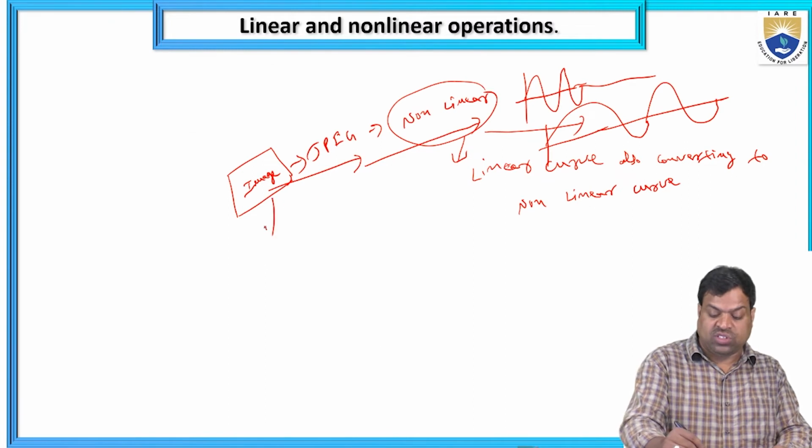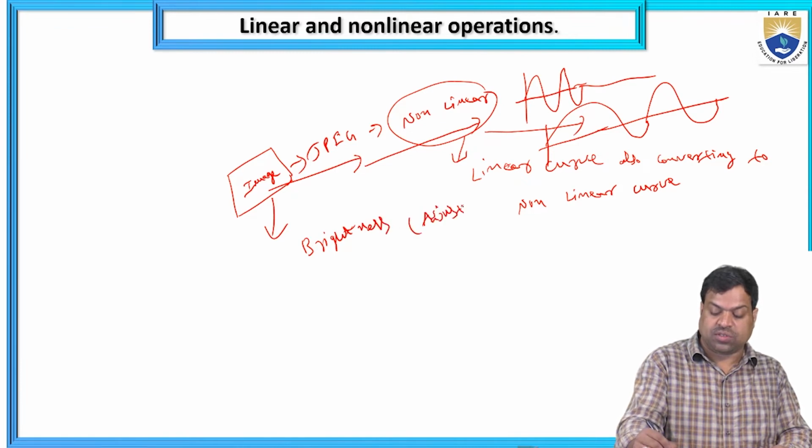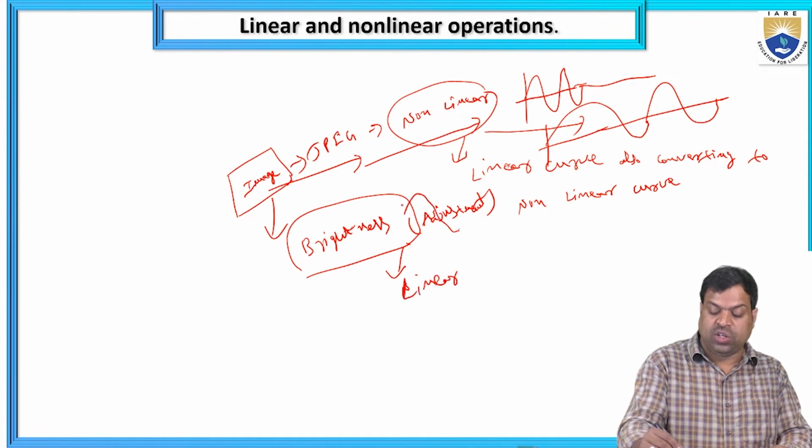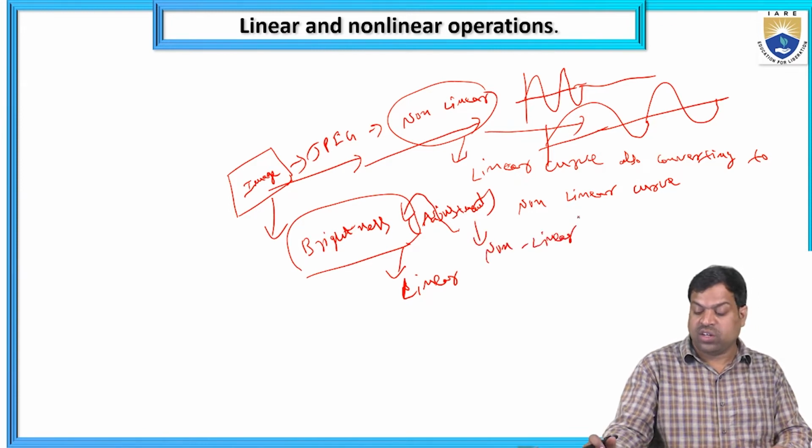Suppose this image has a brightness adjustment. The original brightness is linear. When we adjust the brightness, I am calling it non-linear.